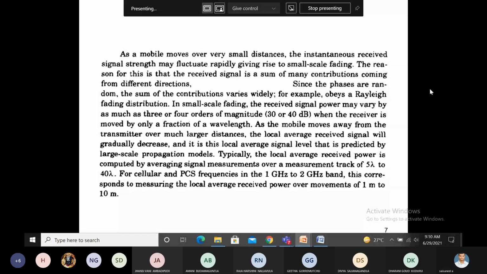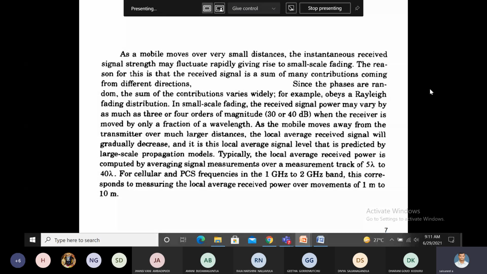So we calculate small scale fading between 5 lambda to 40 lambda wavelengths, with frequencies of 1 GHz to 2 GHz, and the distance between transmitter and receiver is 1 meter to 10 meters. This is the introduction to radio propagation.